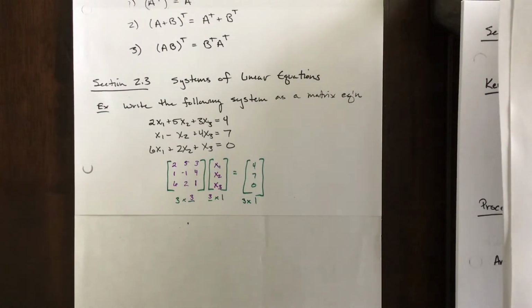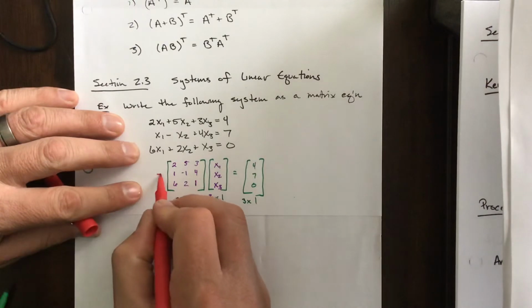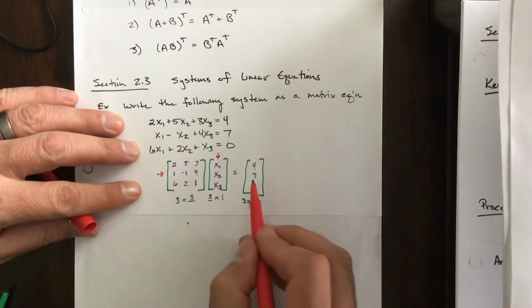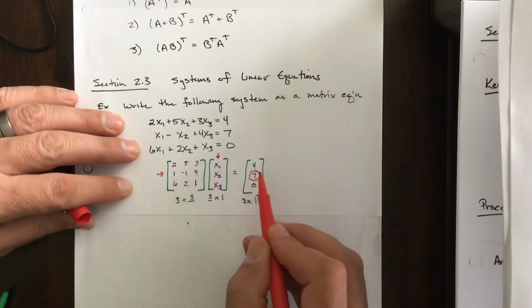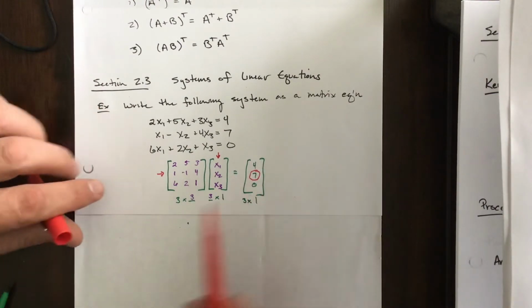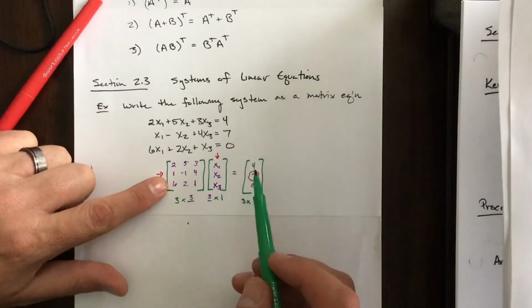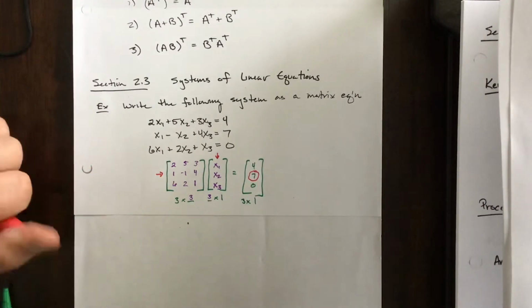So let's take an example. Let's multiply row 2 times column 1. So row 2 times column 1 will give me 7, because that's row 2, column 1 of the resultant matrix. So if I multiply these out, I'll keep it in red.